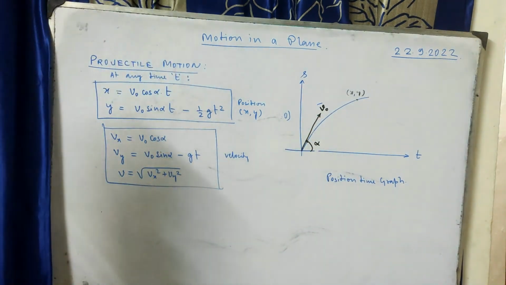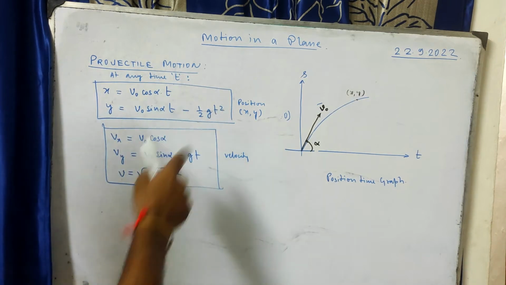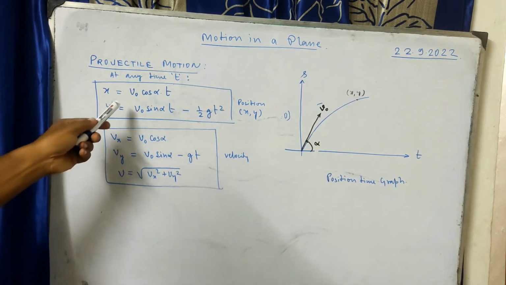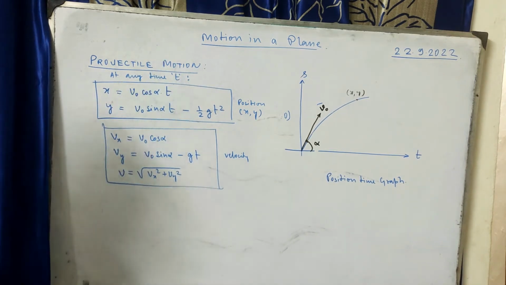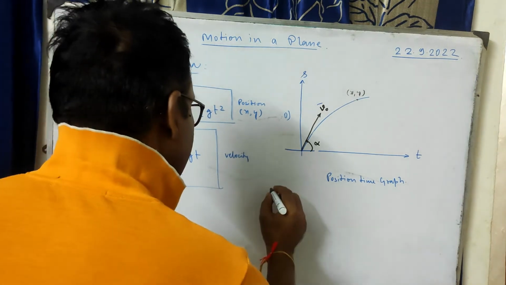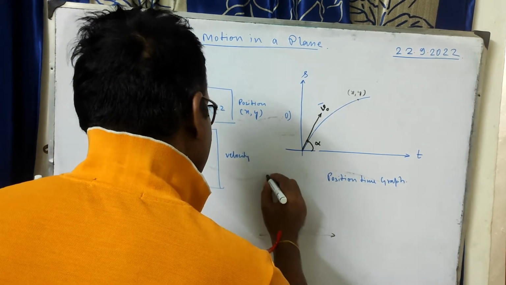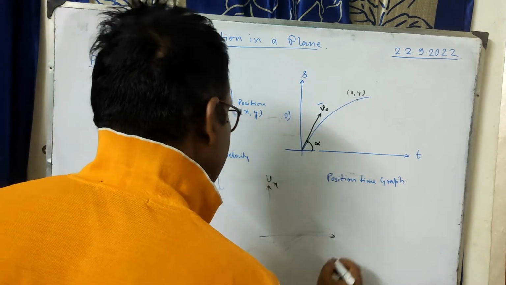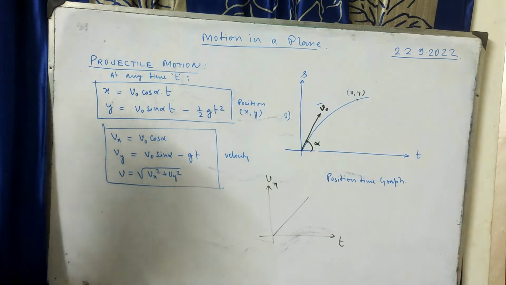Now we will find out the trajectory. See here, x is not changing, x is remaining the same, V0 cos alpha t. It will vary linearly. If we take the graph of x, and this is your t, it will be a straight line like this.